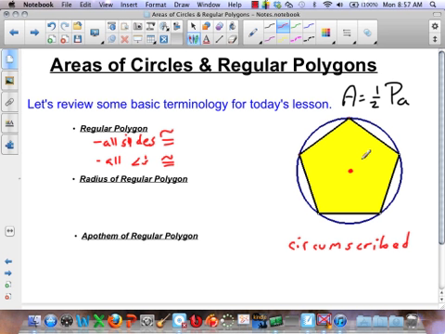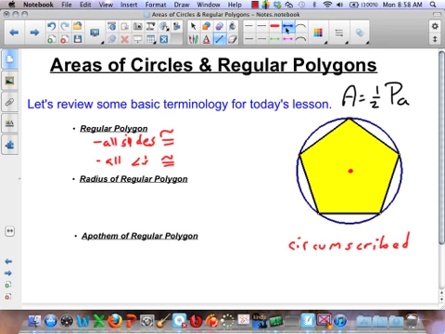One of these you have seen before with circles, and that is the radius. And the radius of a polygon is the same as the radius of the circle. If you want to write this out as a definition, it is the distance from the center of the polygon to the vertex. Write that down, Cheyenne. The radius is from the center to the vertex.